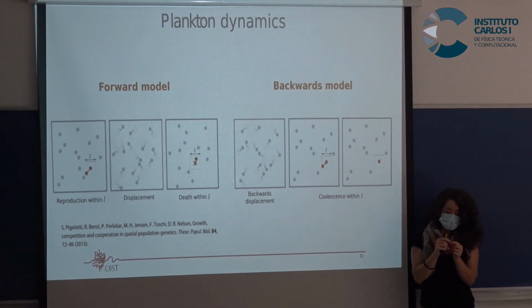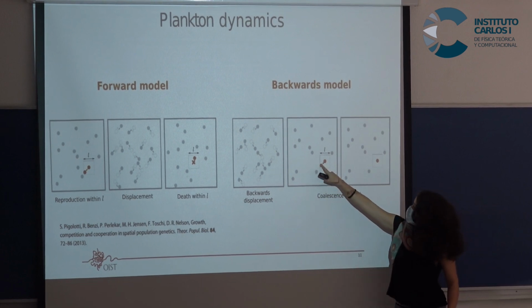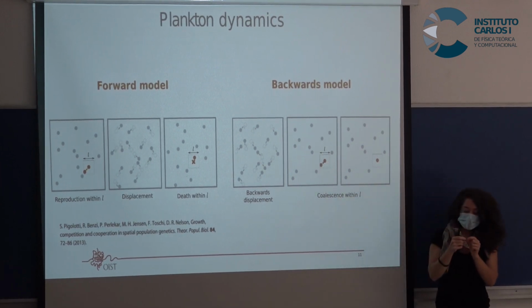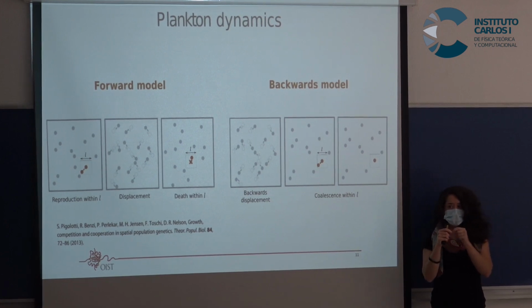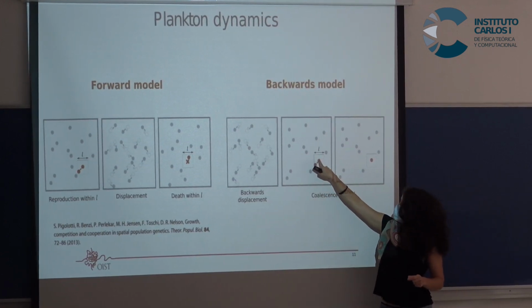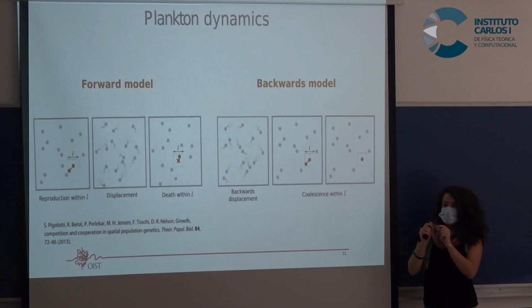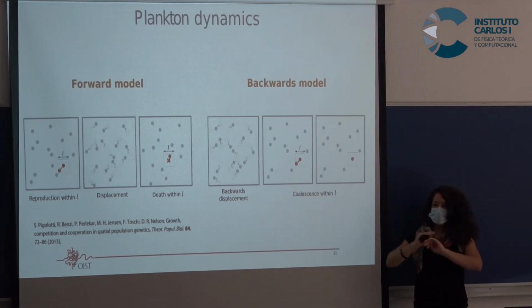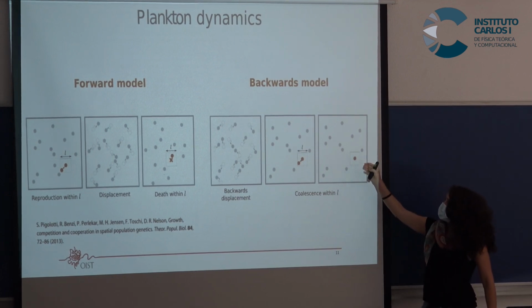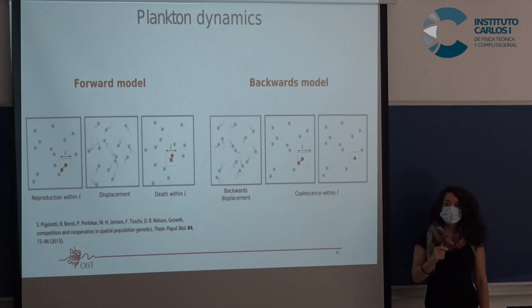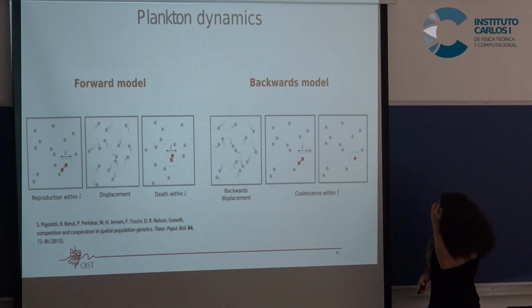Every time a particle enters the neighborhood, you establish that that particle is the child of the one that is here. Once you save that relation, you remove the particle, and you keep removing particles until one is left. That one will be the common ancestor of everybody.